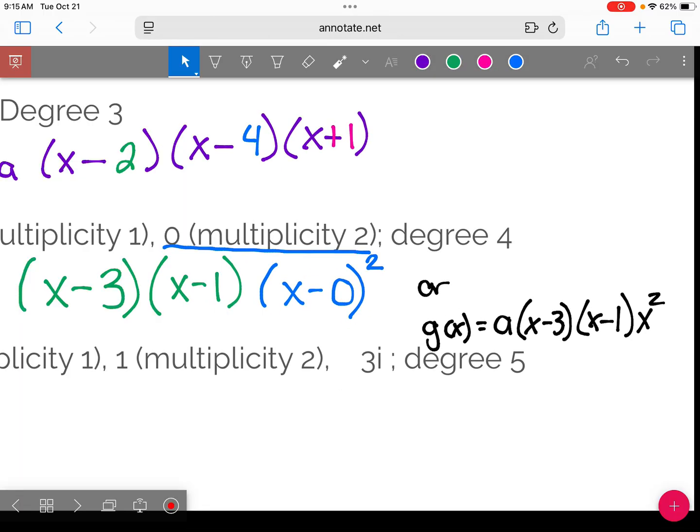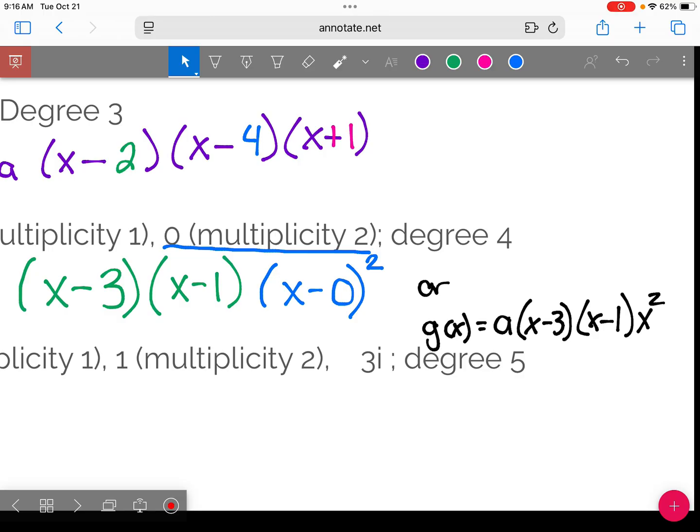One thing that happens with imaginary roots, and the book expects you to kind of know this or almost figure it out sometimes: imaginary roots always, 100% of the time, come in pairs. Every single time.